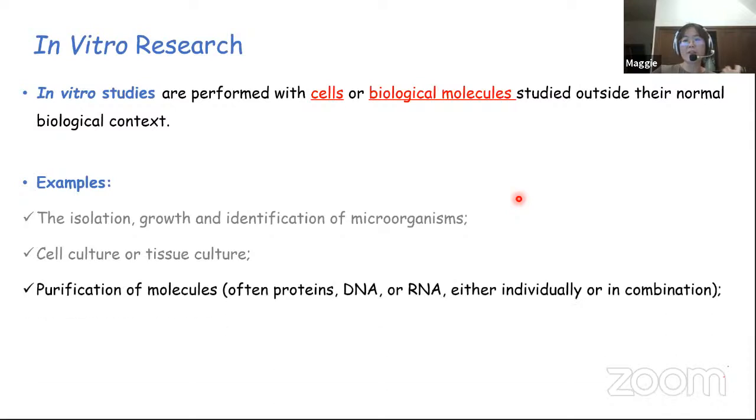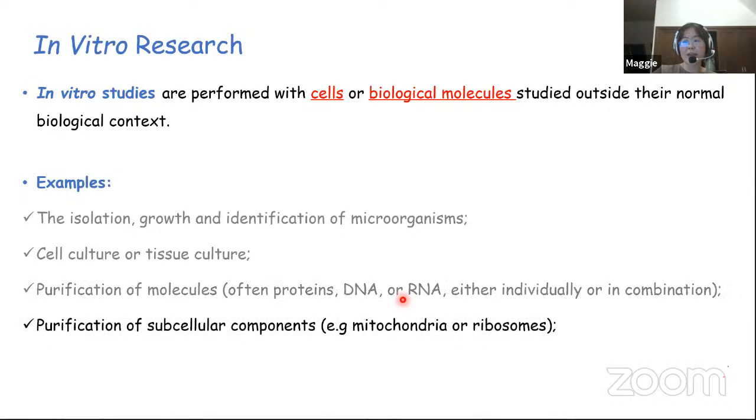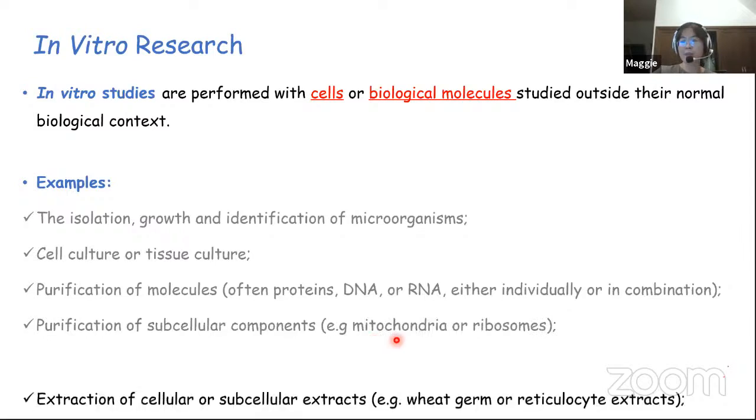Next, purification of molecules, for example, if you work on proteins, DNA, RNA, or something else. So this also belongs to in vitro study. Next, purification of subcellular components. For example, you work on the mitochondria or the ribosomes. So this is also in vitro research.